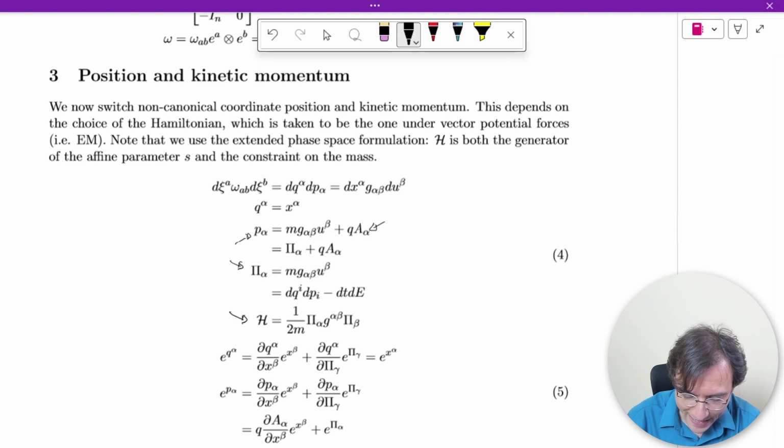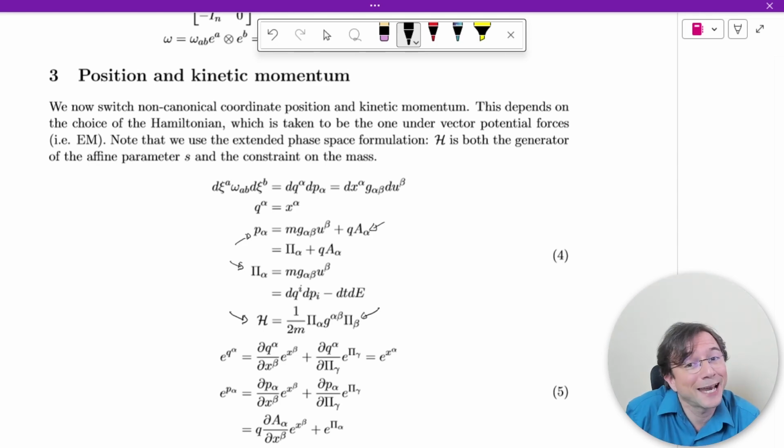And the Hamiltonian actually turns out to be simply one half over m of the norm of the kinetic momentum. So the Hamiltonian is basically purely kinetic. Even if you have forces, still the energy of the system in this expression of the Hamiltonian is just the kinetic part.